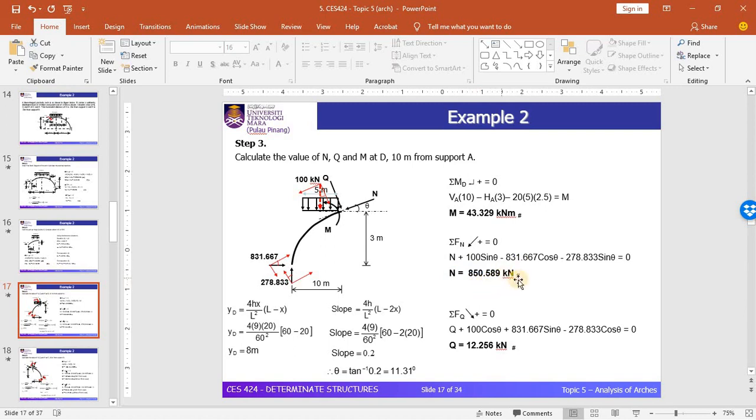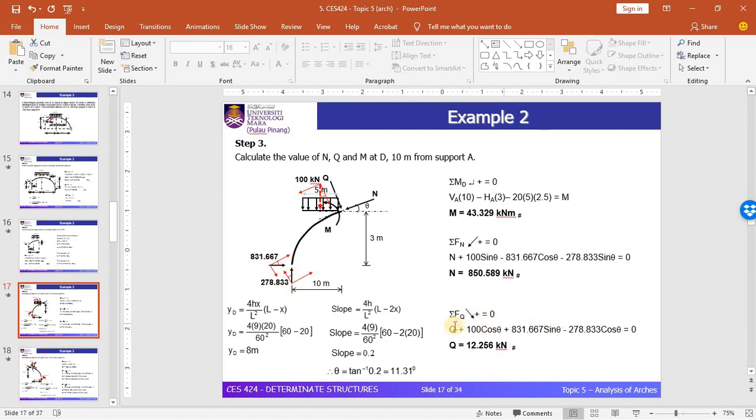Simplifying this equation, you can see that the axial force N is equal to 850.589 kilonewton. For the radial shear force, you need to consider all the forces in this direction. This is the positive direction, and right here we have Q, plus 100 cos theta, which is from the UDL load that we have converted into a point load, plus 831.667 sine theta, which comes from the component of the horizontal direction, and negative 278.833 cos theta, which comes from the component of the vertical direction.